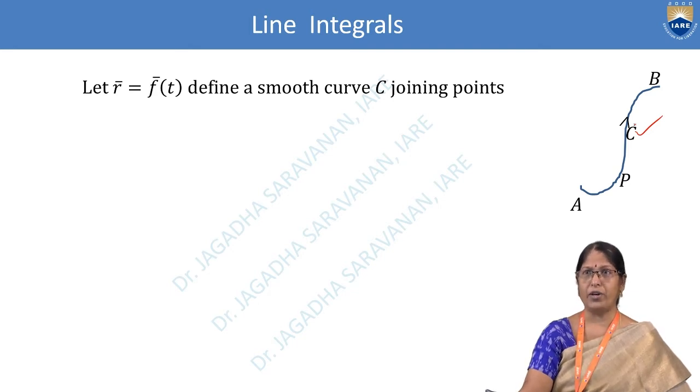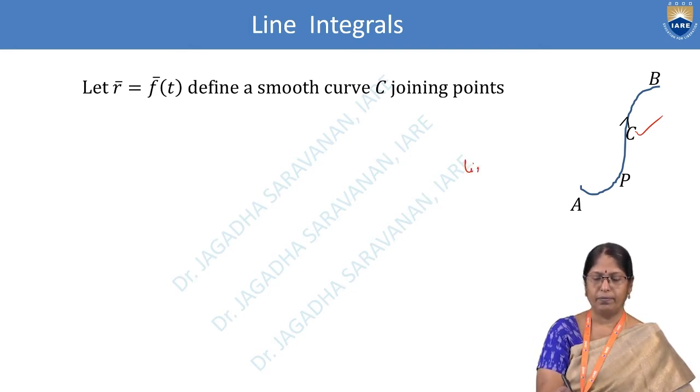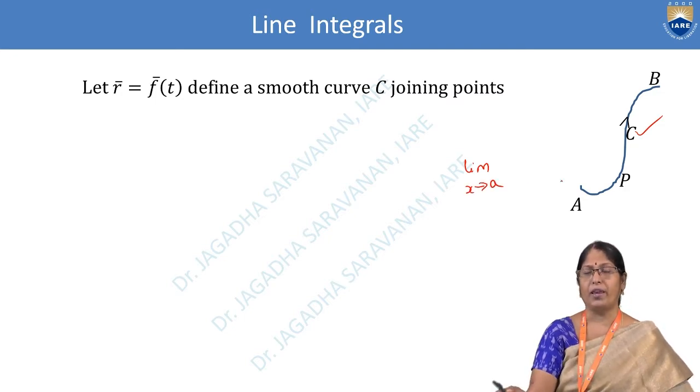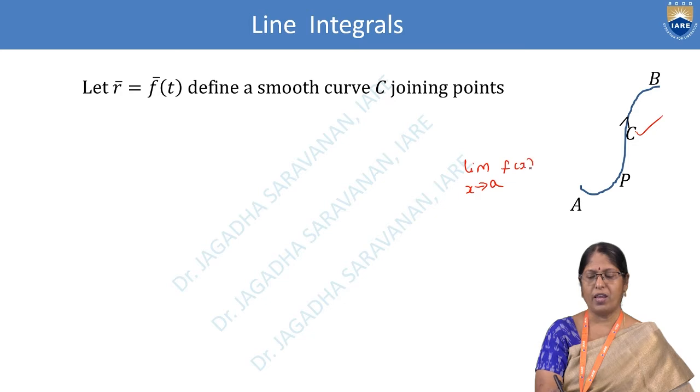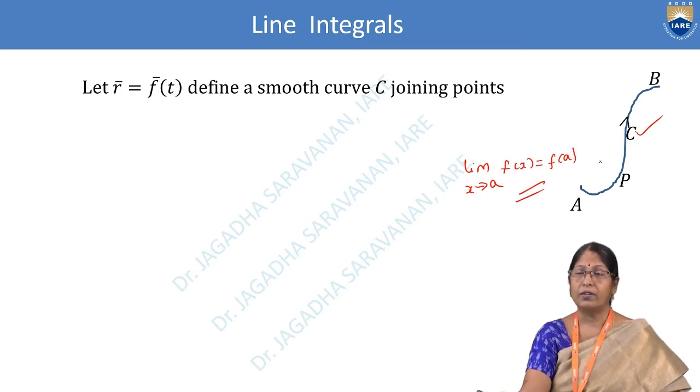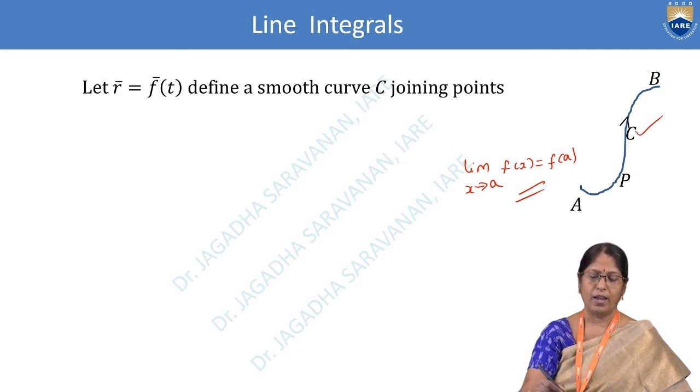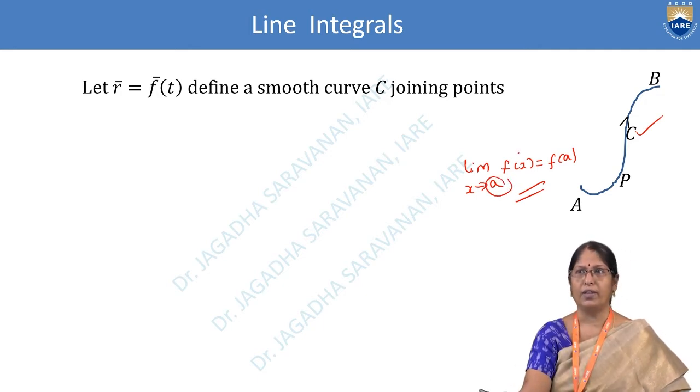The condition for continuity is limit x tends to a, f of x equals f of a. Then we can say it is continuous at this particular point a.